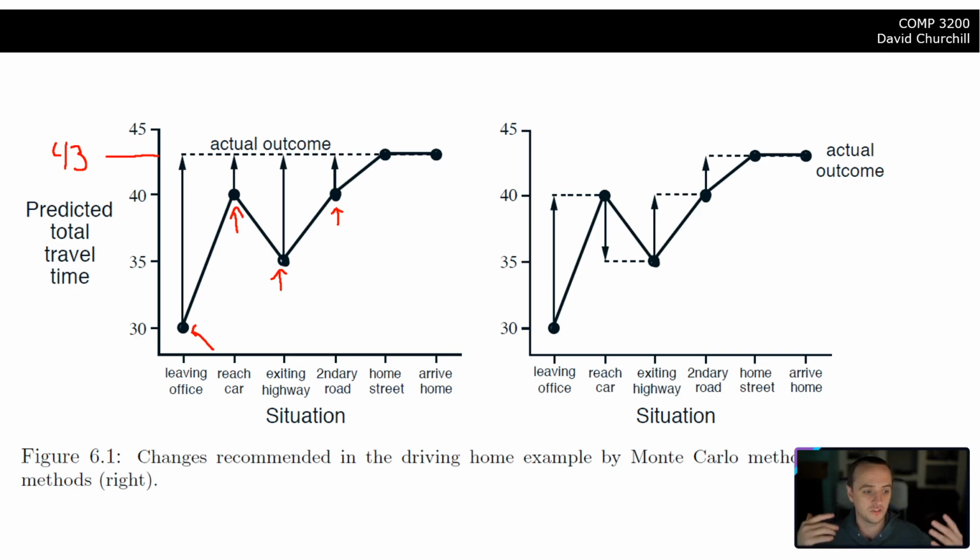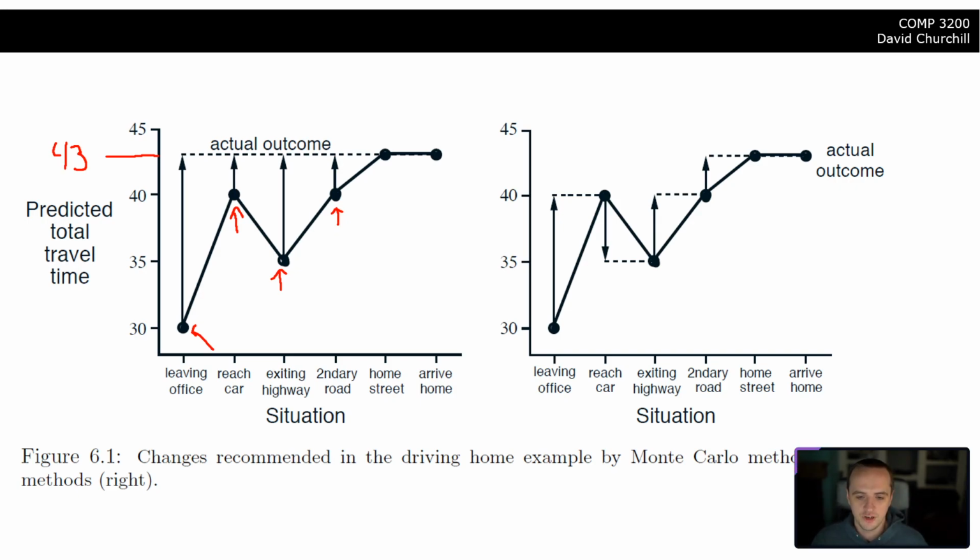Because what we did was we generated an episode. We said it took 43 minutes, therefore all of my predictions should have been closer to 43 minutes. So in Monte Carlo, we generate the entire episode, we get the return, which here was 43, then we go back to all the states and we update the values of those states to pull them closer to 43.